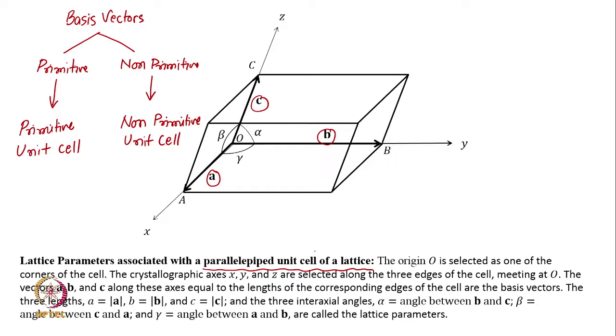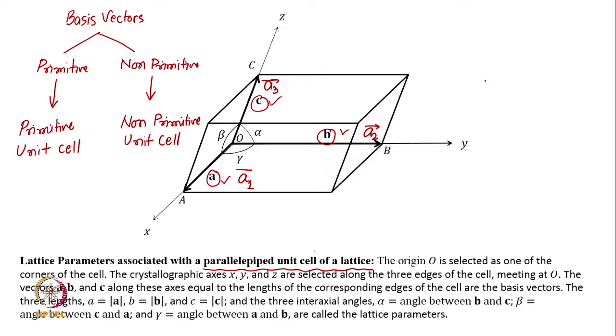And the standard convention is to call the basis vectors A, B or C, or sometimes, in more mathematically oriented discussion, it is better to use A1, A2 and A3, because then you can use an index.